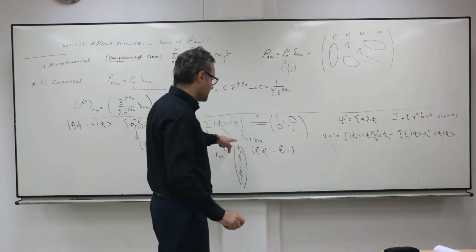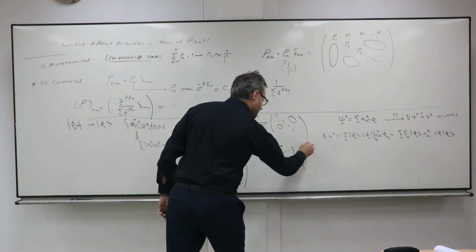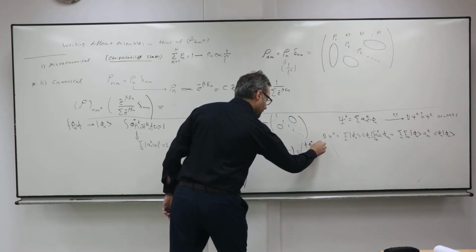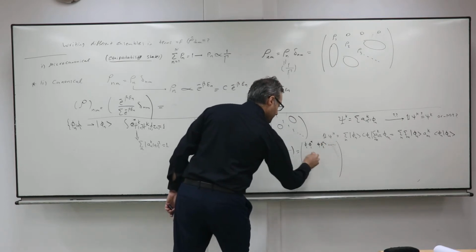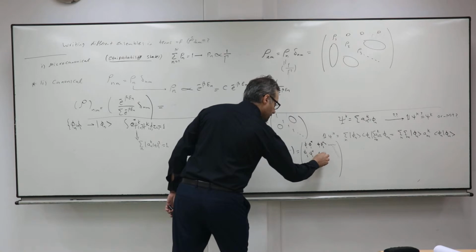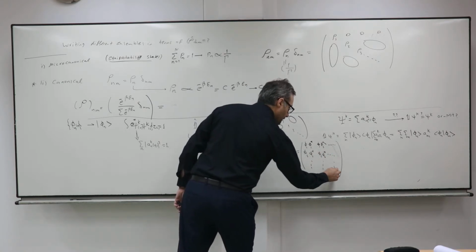This is a matrix. You see that? If I write it that way, it will be like phi 1 phi 1 star, phi 1 phi 2 star, and phi 2 phi 1 star, and phi 2 phi 2 star, and like that.